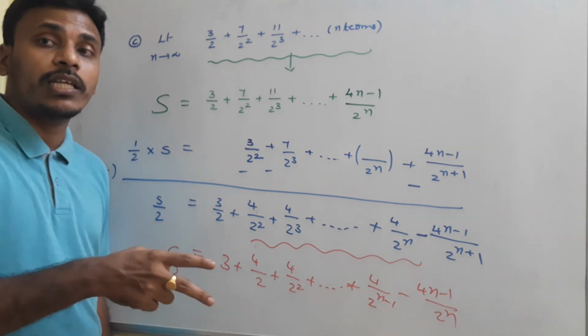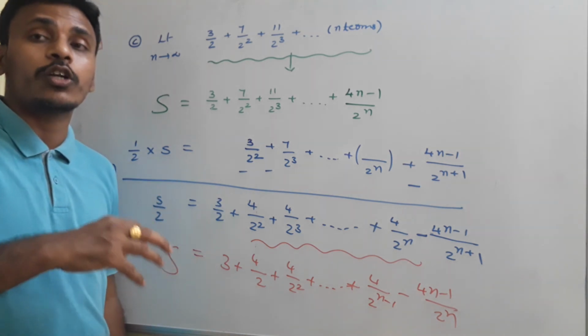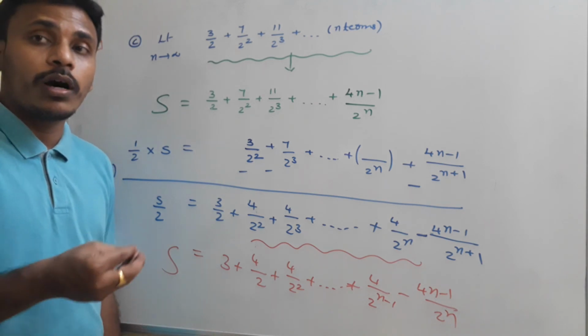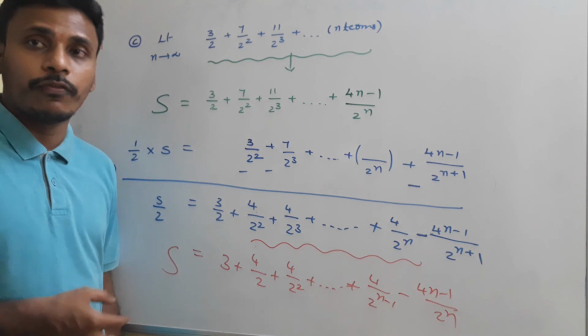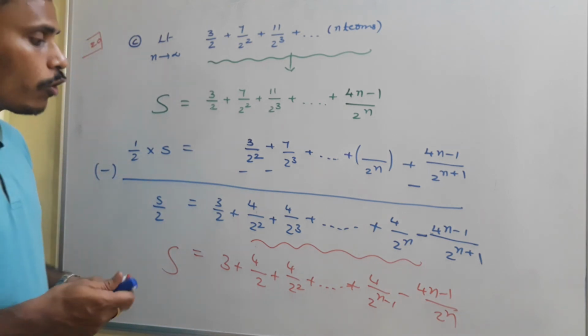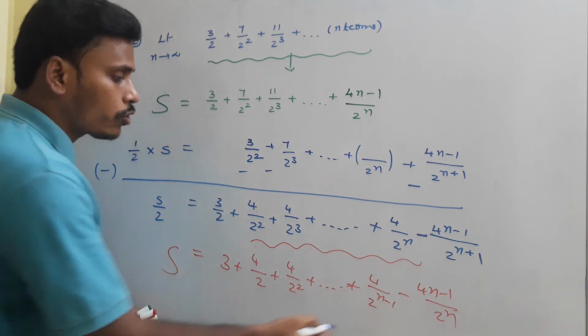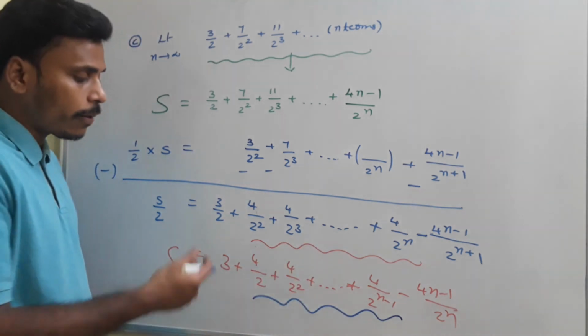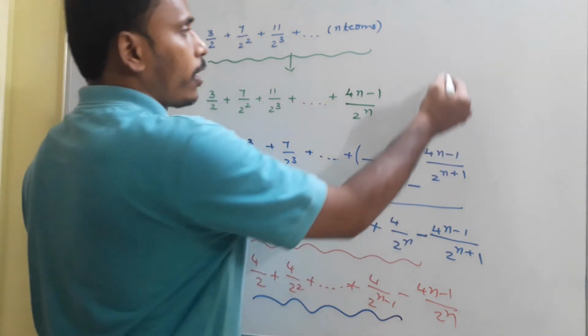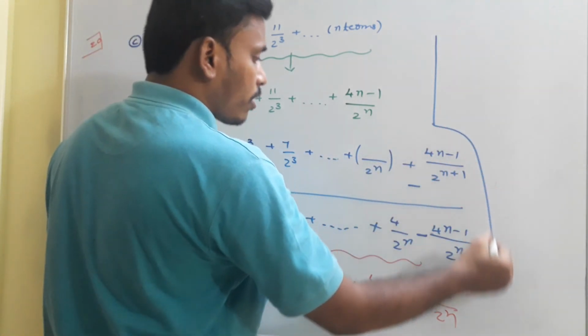To identify the summation, we need the concepts related to sequences. If you are not good at sequences, you may feel some difficulty at this situation, okay? So when you look at these values, 4 is a common thing, and the remaining sequence will form a geometric progression. I am thinking about the summation, right?